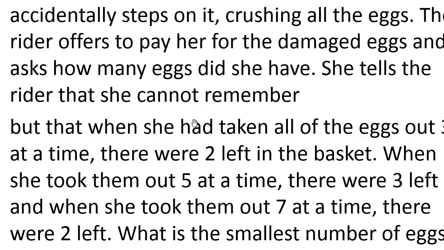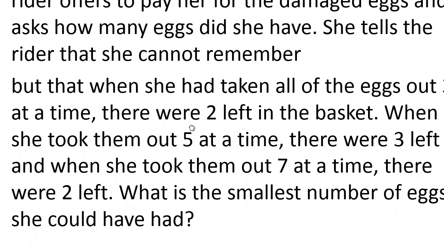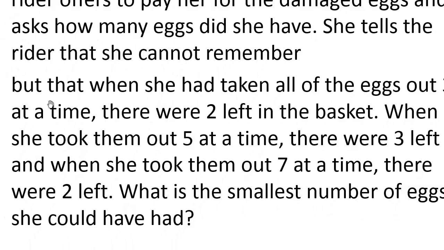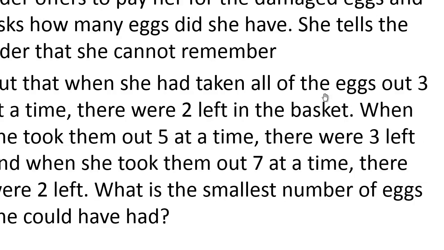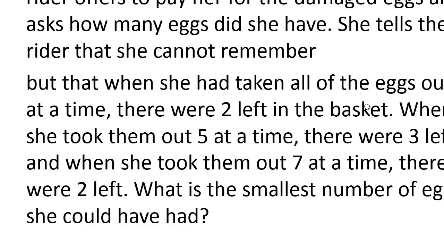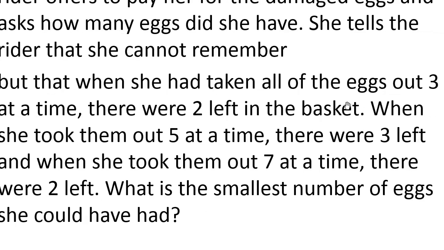But she gives some riddle. When she took all the eggs out 3 at a time, and here we have to note carefully, there were 2 left in the basket.